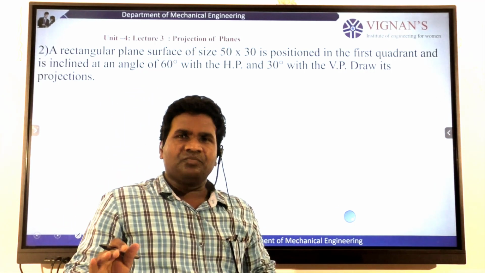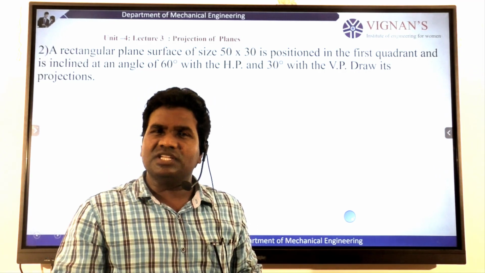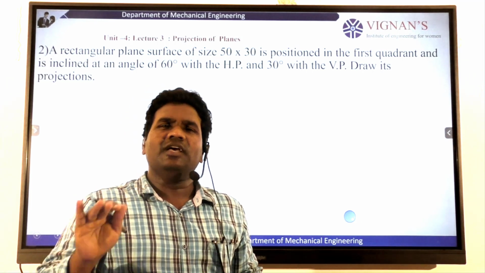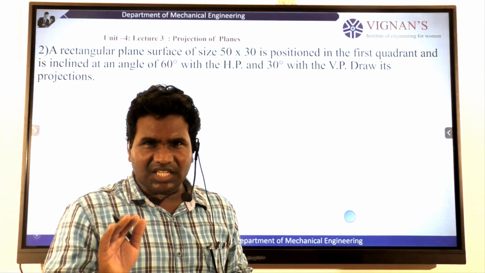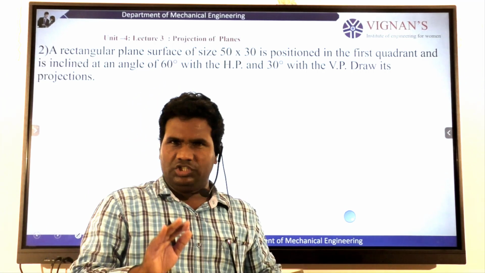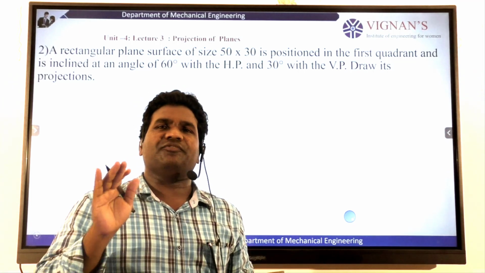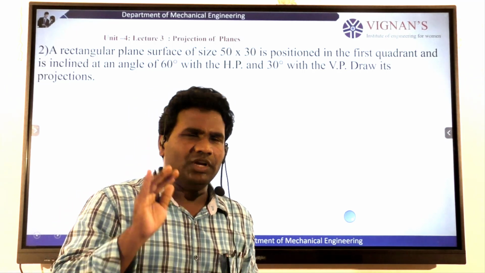As you know, if any object is in the first quadrant, its front view should be represented above the reference line and its top view below the reference line. One more time: if any object is positioned in the first quadrant, we represent its front view above the reference line and the top view below the reference line.